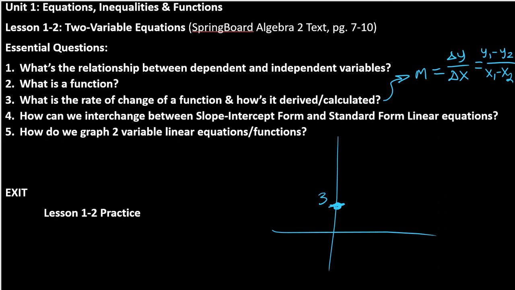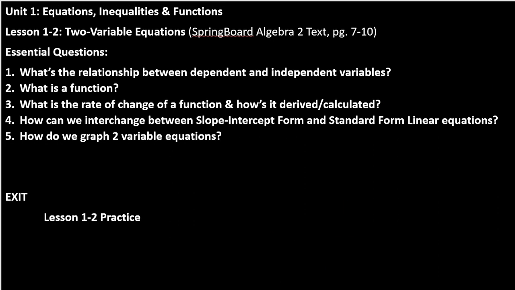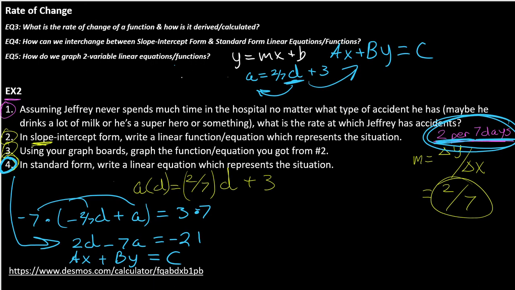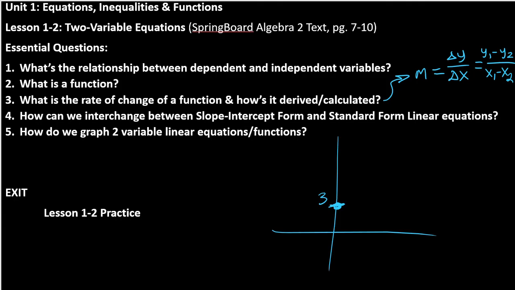And then you just graph points that you know that you're going to get when you make a table like so, right? So we went from 0 by 3, that was 1 point. Another point was 28 by 11. Meaning that in 28 days, homeboy is going to have 11 accidents.